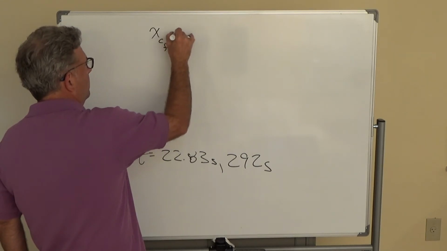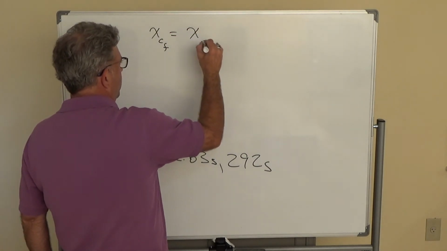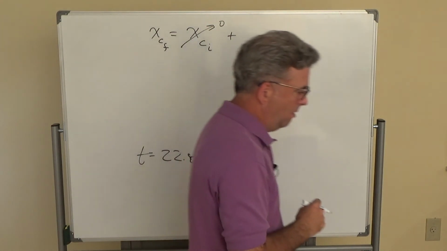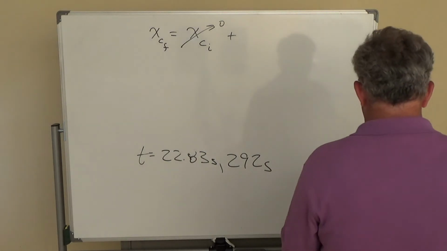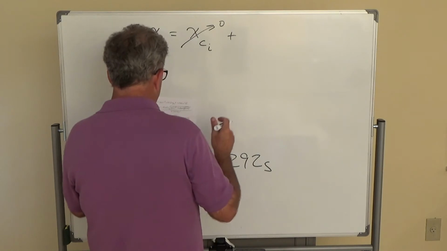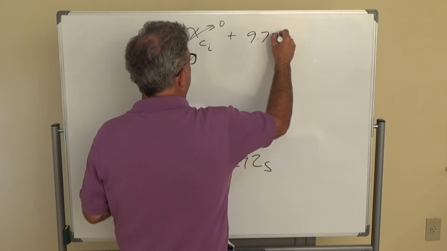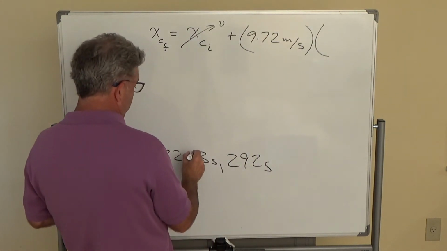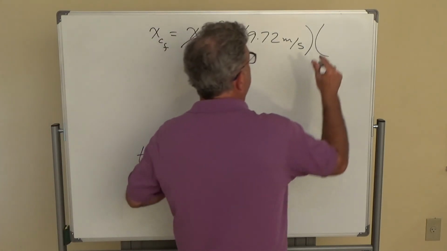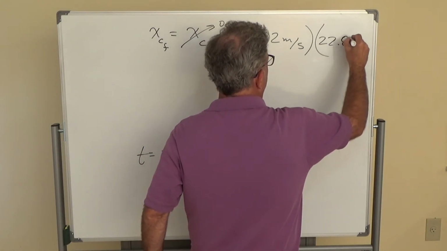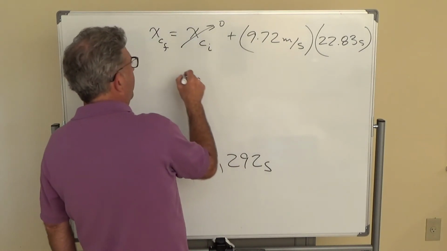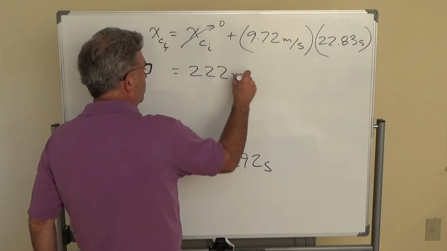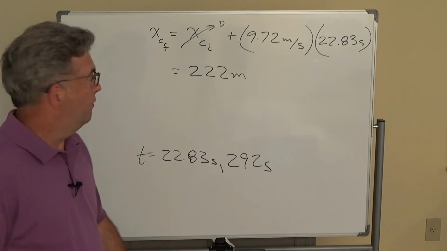X car final is equal to X car initial, which is 0, plus the velocity of the car, which was 9.72 meters per second, multiplied by 22.83 seconds. And that is equal to 222 meters. Okay? So that's X car final.